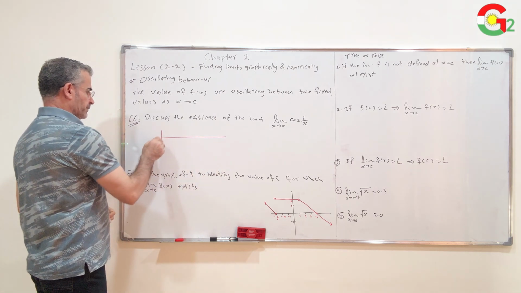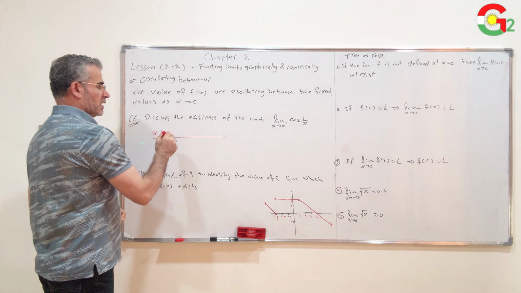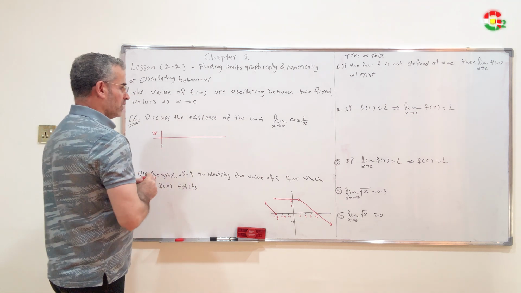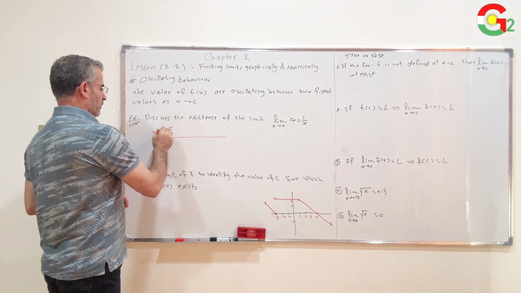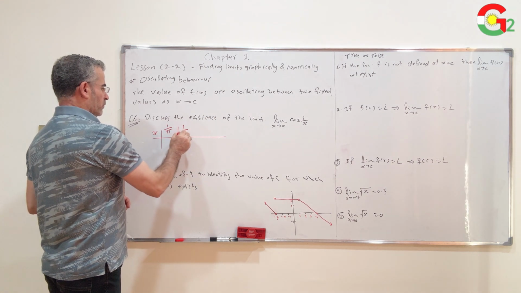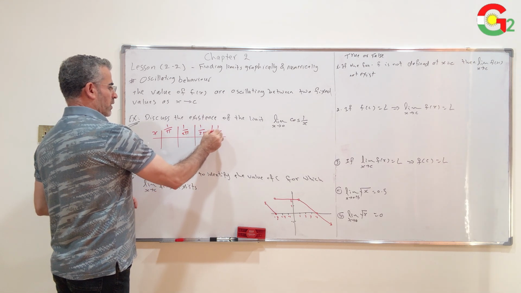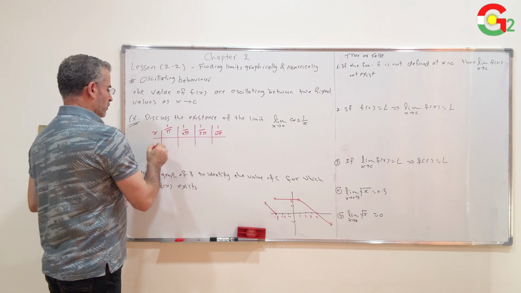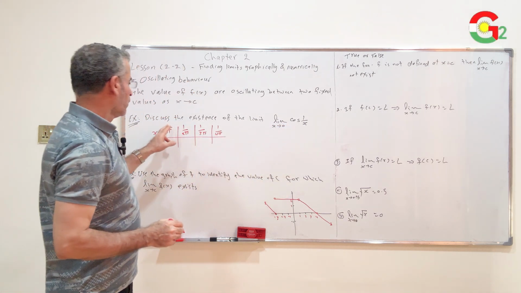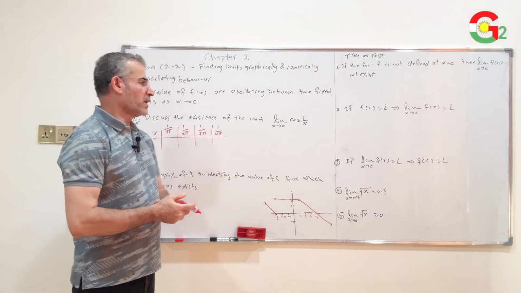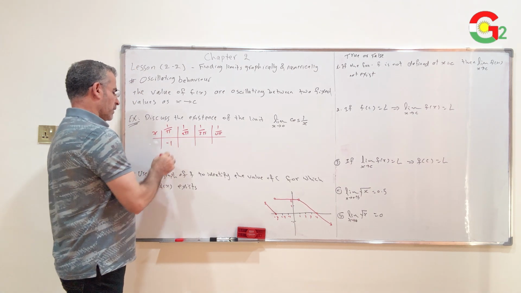If we want to find this value numerically, when x equal to 1 over pi, 1 over 2 pi, 1 over 3 pi, 1 over 4 pi, and so on, we will see cosine 1 over 1 over pi, cosine pi, it is negative 1.